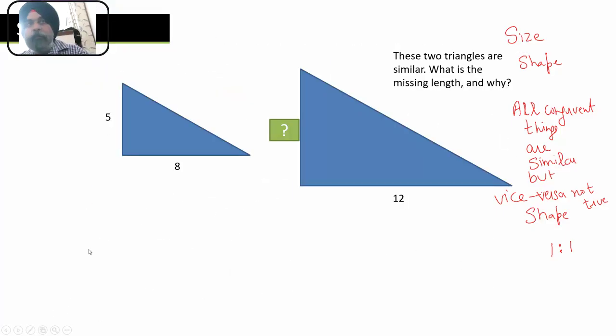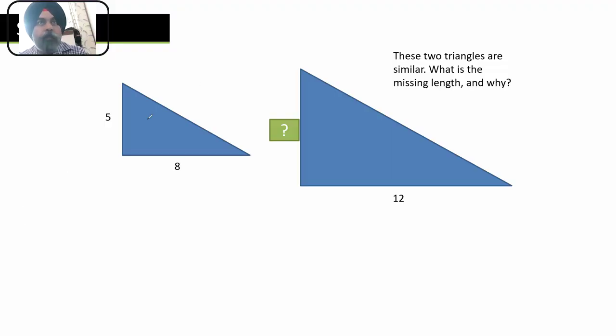Oh, I jumped up. Can you make out what will be the length of this perpendicular? What will be the length of this side? As it is said, the sides should be proportional.